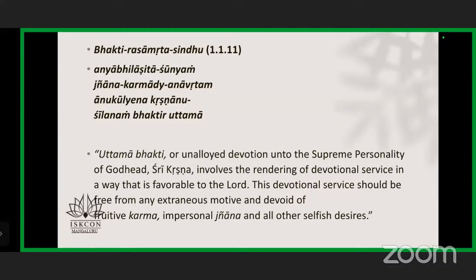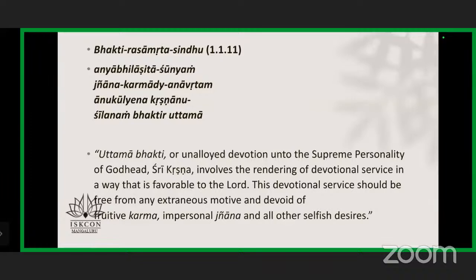Devotional service should be free from all extraneous motives and devoid of fruitive karma, impersonal jnana, and all selfish desires. So uttama bhakti, or unalloyed devotional service unto the Supreme Personality of Godhead, Sri Krishna, involves rendering devotional service in a way that is favorable to the Lord.